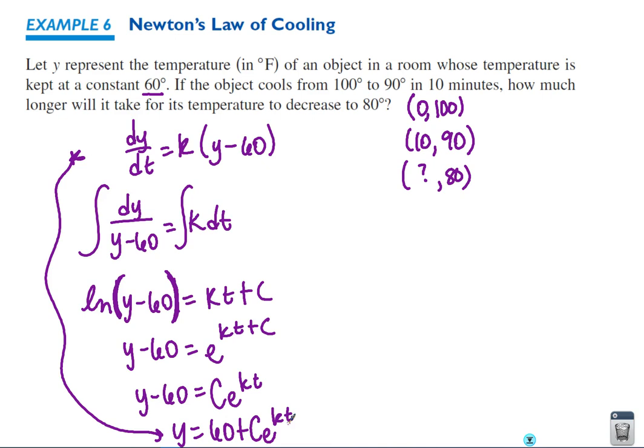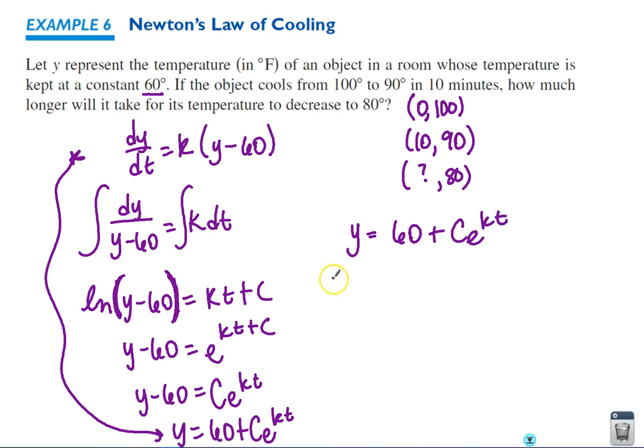All right. So now, let's see. I need to solve for c and k so I can actually plug in the 80 to figure out how long this would take. So again, I'm going to use some of these data points I already had. So I've got y equals 60 plus c e to the kt.